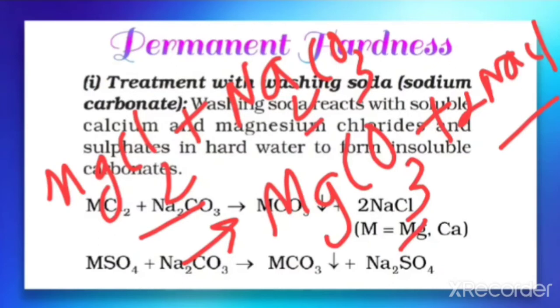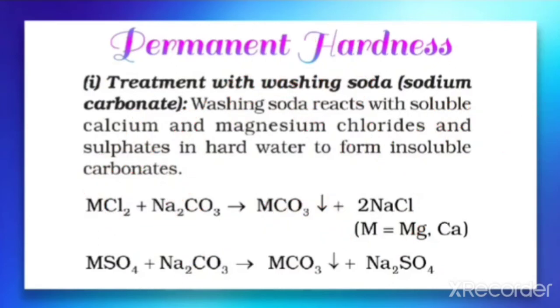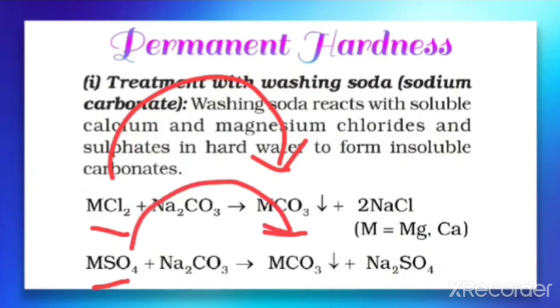In this equation we can see that the hardness is due to the presence of magnesium chloride and calcium chloride, and it is now turned into precipitate in the form of carbonates. Similarly, magnesium sulfate and calcium sulfate get converted into magnesium carbonate or calcium carbonate, which precipitate out.